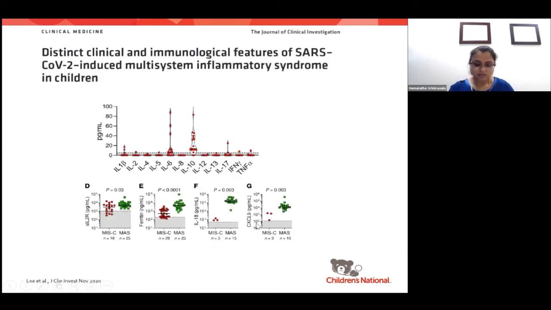Serum cytokine levels in MIS-C patients show an elevation of IL-6 and IL-10. There is also elevation of soluble IL-2 receptor, IL-18 and CXCL9, although in comparison to a historic macrophage activation syndrome cohort, the response was less robust.